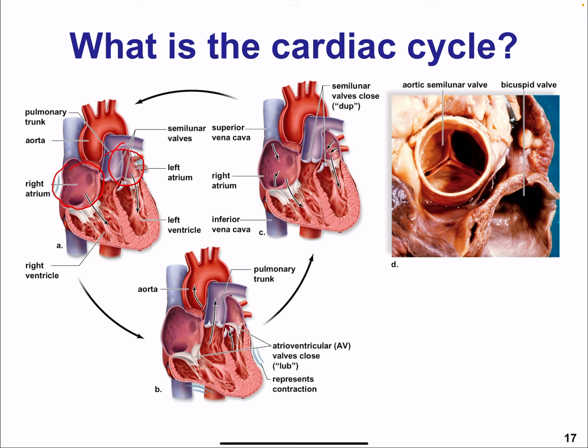So now that the blood is here, the atria are going to squeeze. They're going to contract. And as they contract, they push the blood into the ventricles, both left and right ventricles, right?